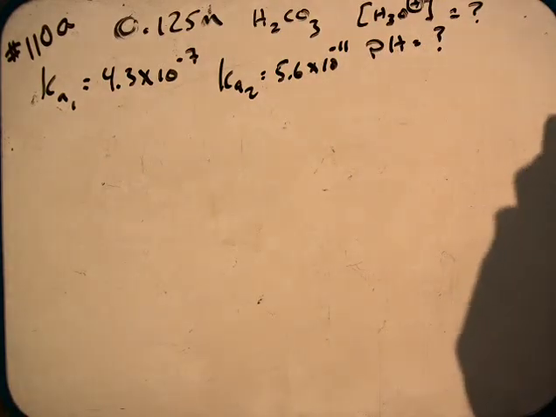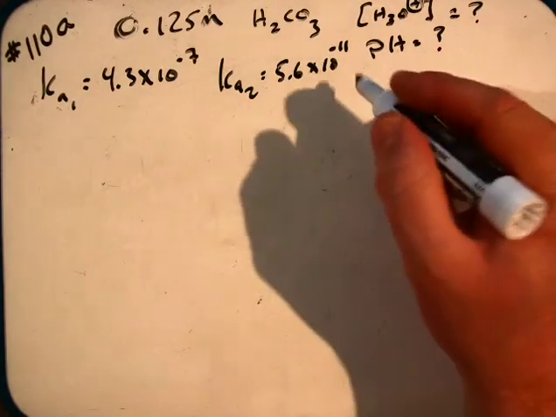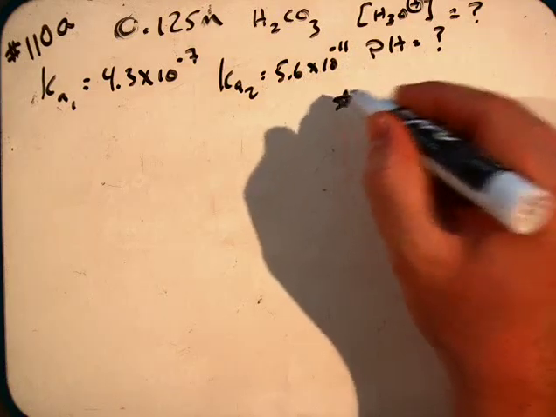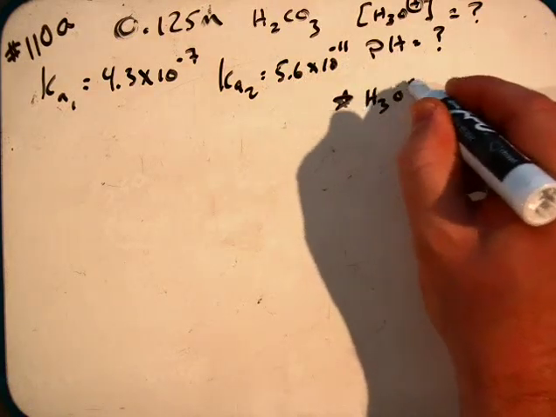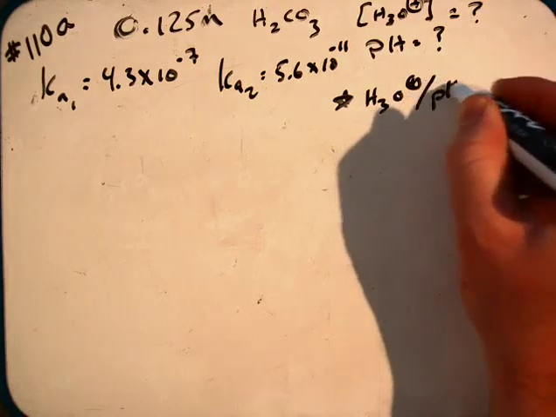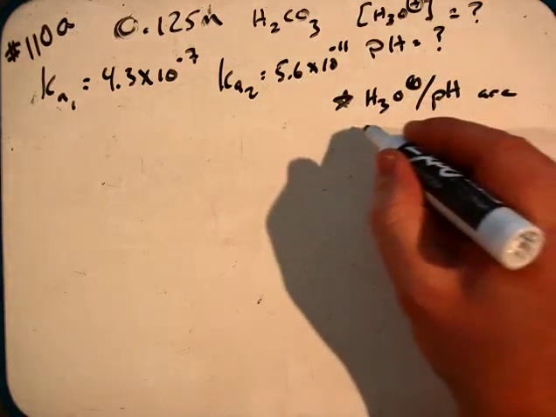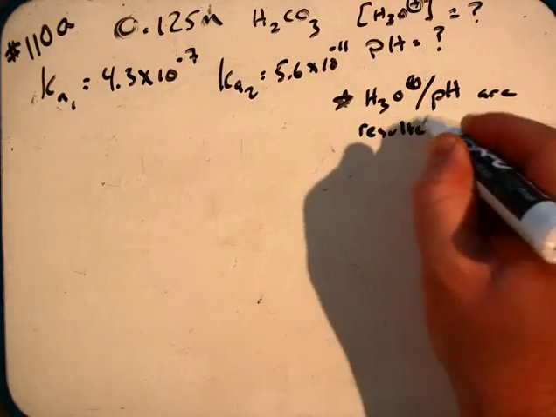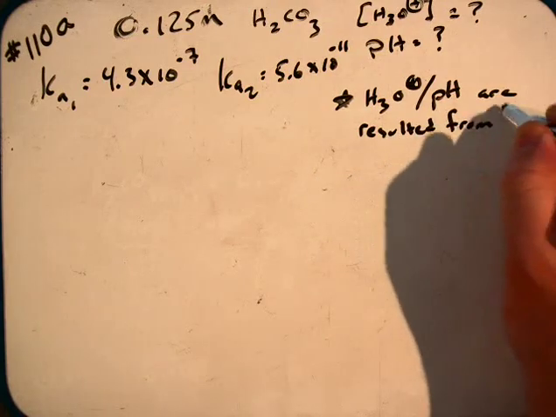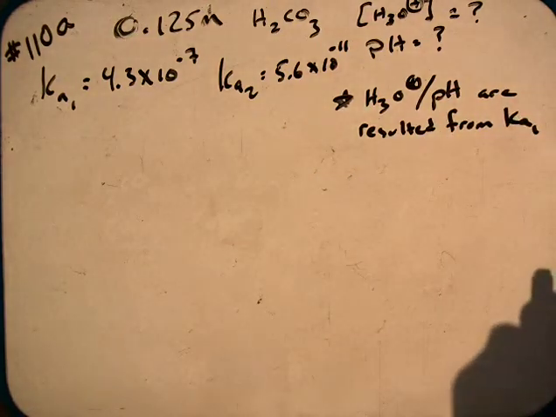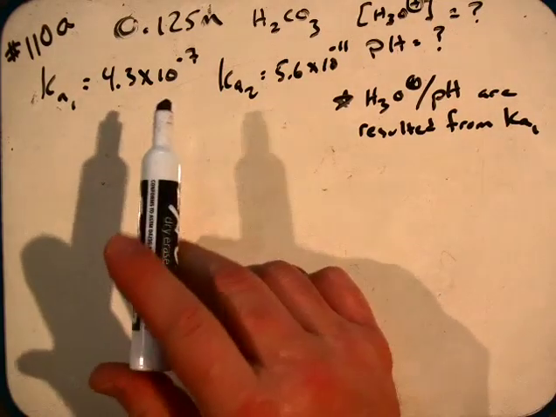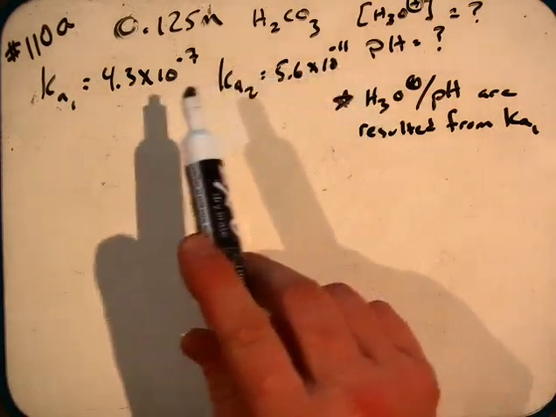Now the first thing we can do is assume that H3O plus and pH are resultant from the first step, or Ka1. That's because of the drastic difference we observe in the Kas.